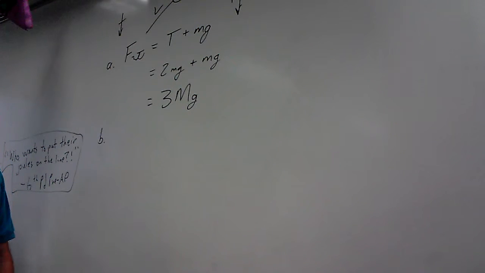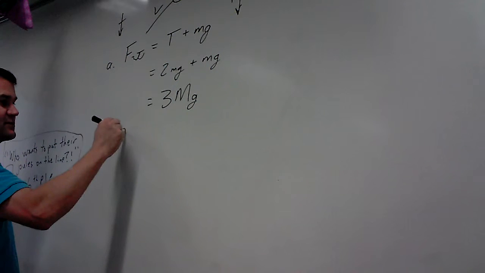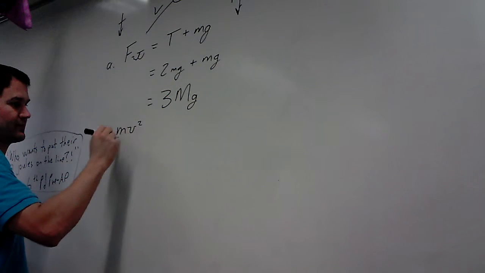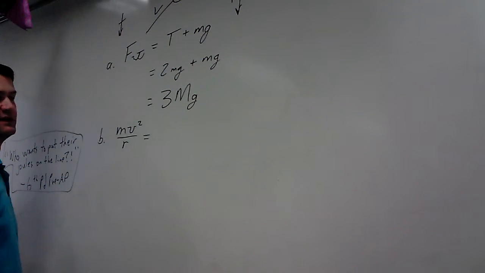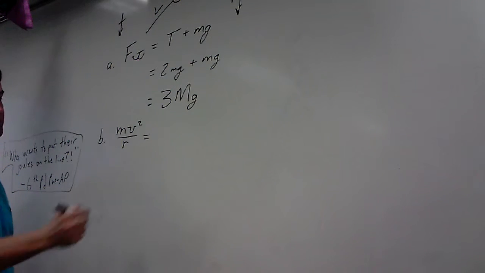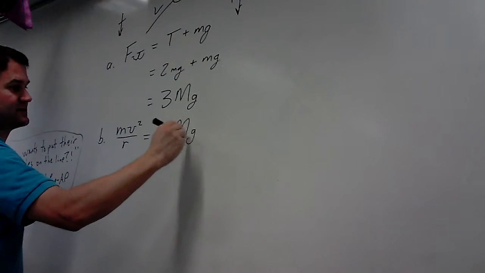Next, B. Determine the speed V naught of the ball at the top. Well, mv squared over r. We totally just did a lab on this. mv squared over r equals 3 mg, because that's the net force.